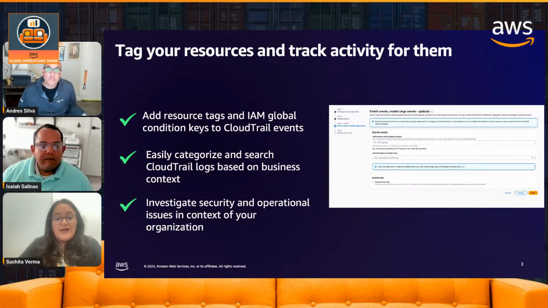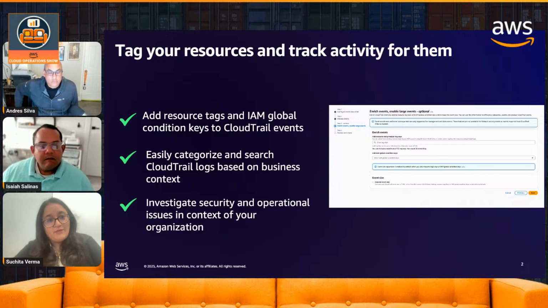But we have seen that there are other business contexts in an organization using AWS that are critical, and that is how customers track their AWS activity and prepare their compliance reports. To give you an example, we have a customer who tags their resources based on compliance requirements.